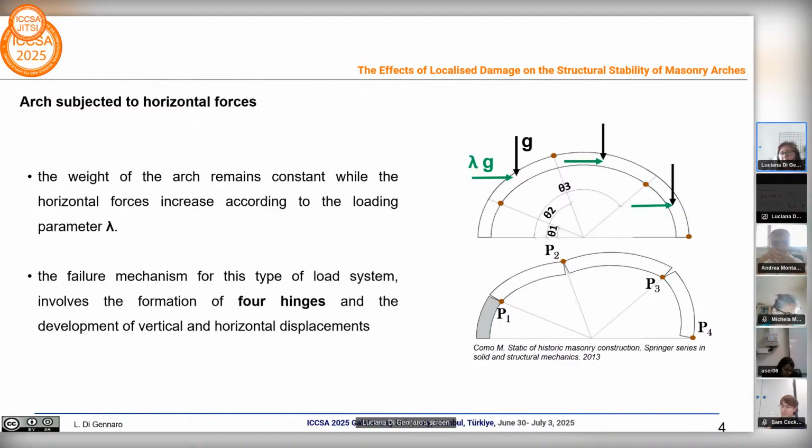The failure mechanism involves the formation of 4 hinges, with the first block remaining fixed and 3 kinematic blocks interposed within the 4 hinges. Clearly, the images refer to horizontal forces acting from left to right. A further assumption was that the thickness was constant along the whole profile of the arch.